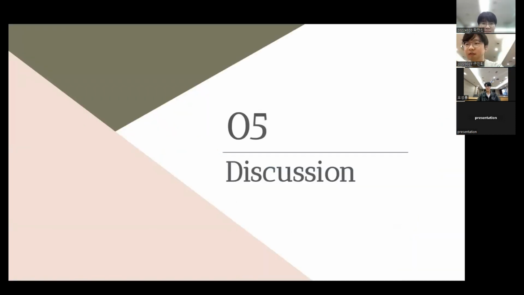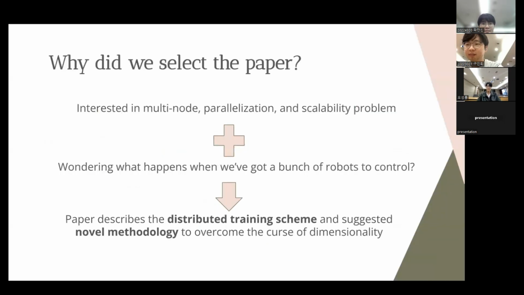This is the end of our paper introduction, and now let's talk about why we think this paper is interesting and why we chose this paper for the project. Since we are working on computer systems research, we are interested in multi-node parallelization and scalability problems. Also, we mostly learned a way to control a single robot during the class.